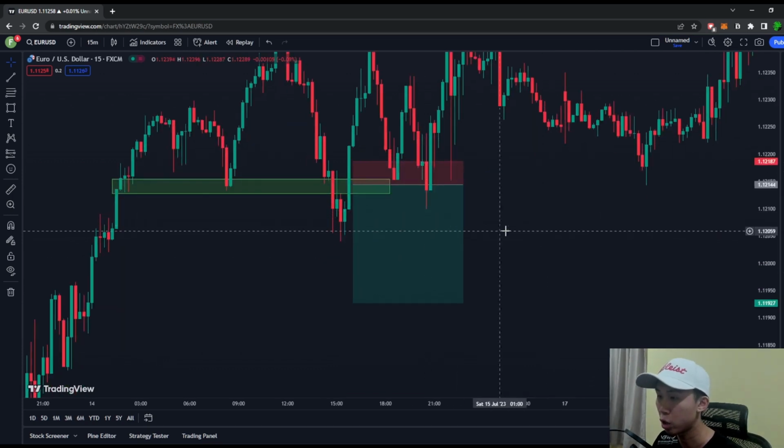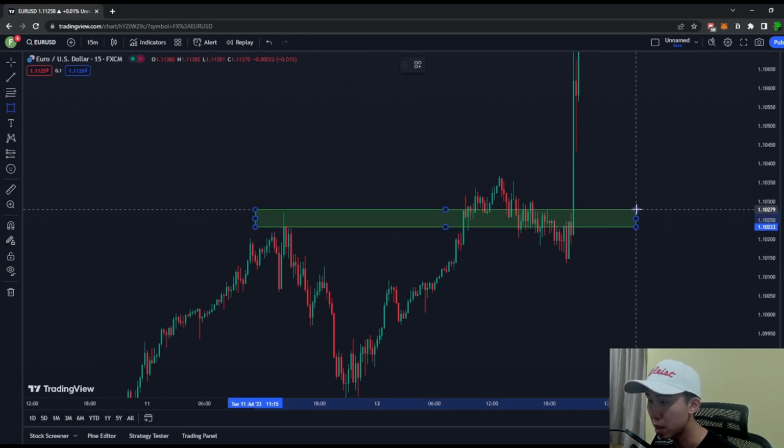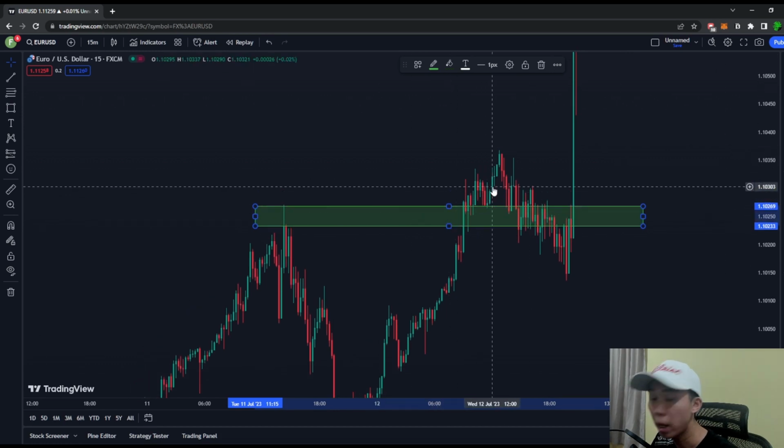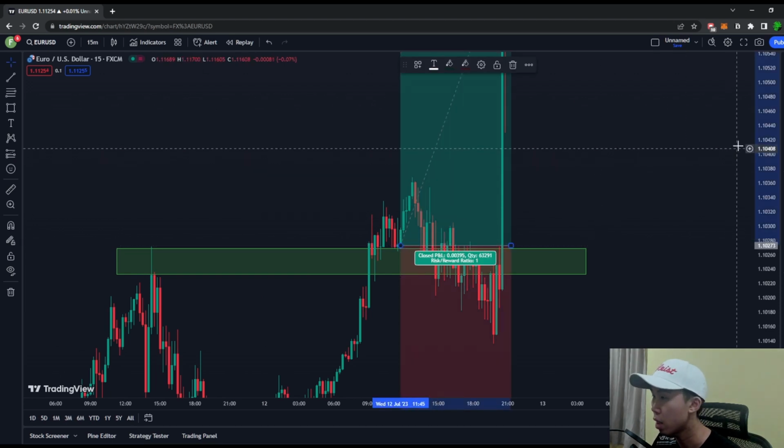Let's look at the next one. Let's look at the buy example. Over here we have a resistance level and price decides to break out and close outside of the resistance level. It has given a retest this round. So what happens? Traders will proceed to place their long position when the retest happens.